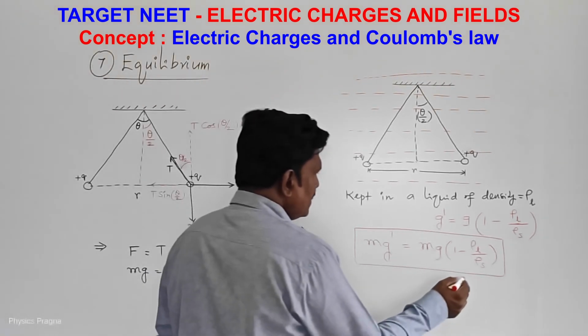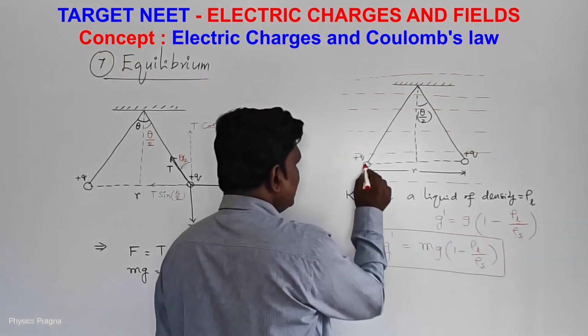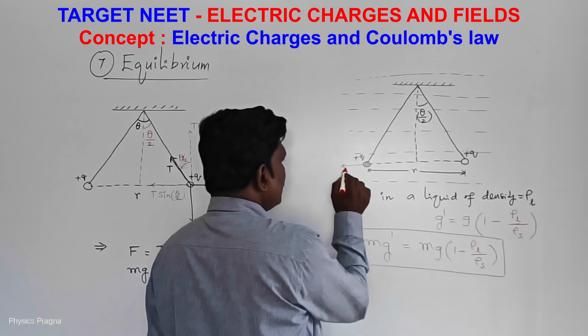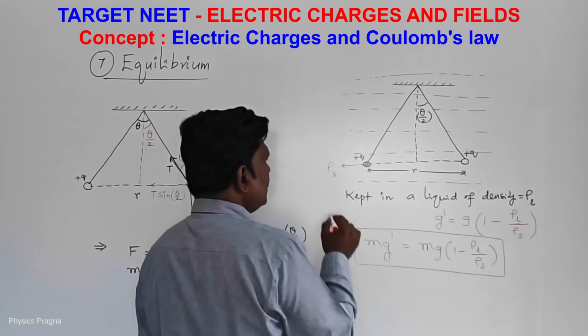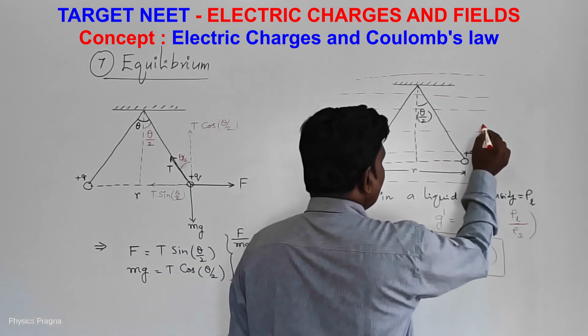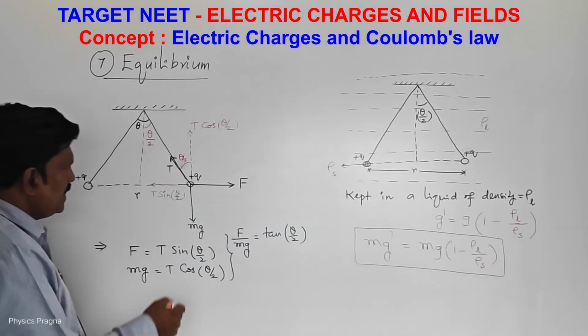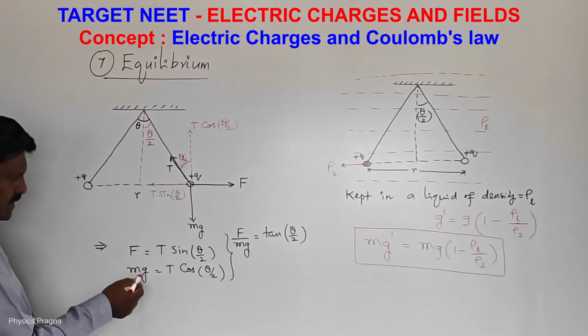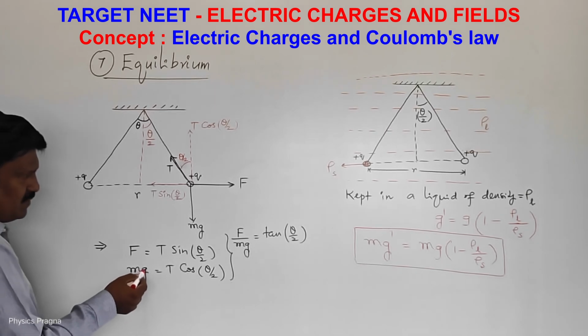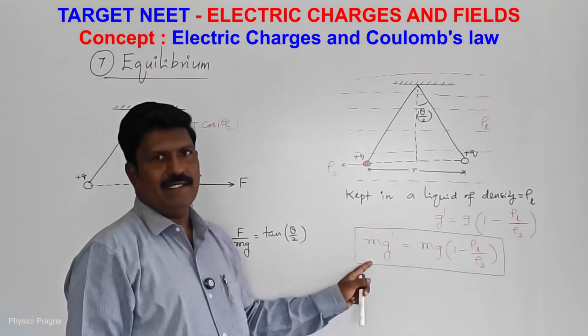This is the solid density. This bob is made up of a solid, so this has the solid density. The liquid has the liquid density. So here the same equations come, but in the place of mg, you have to take mg dash.